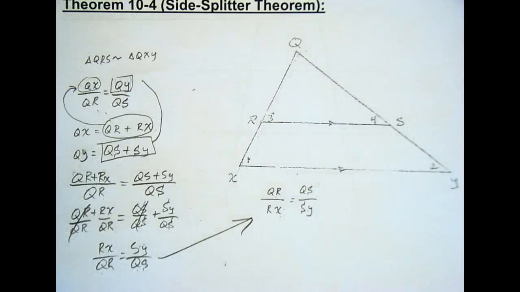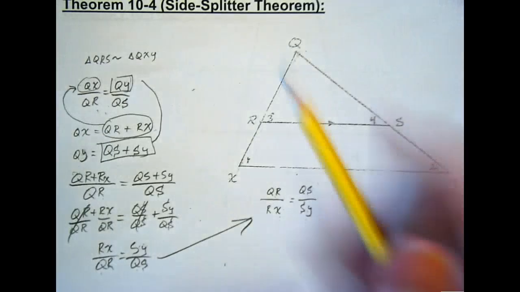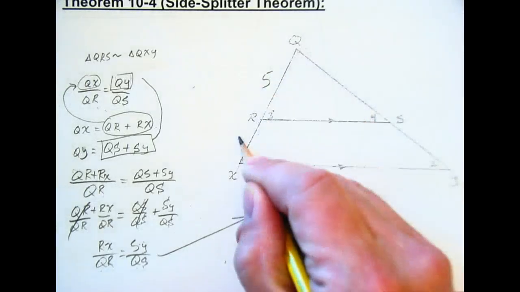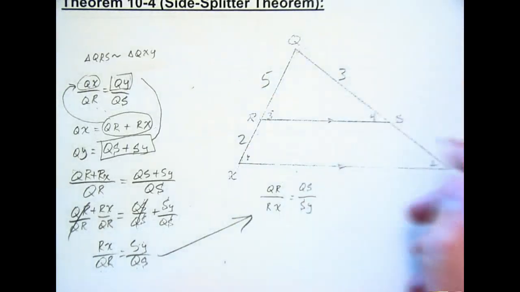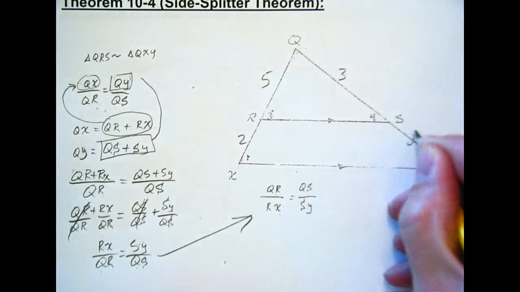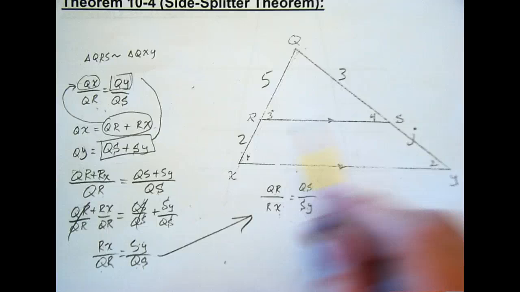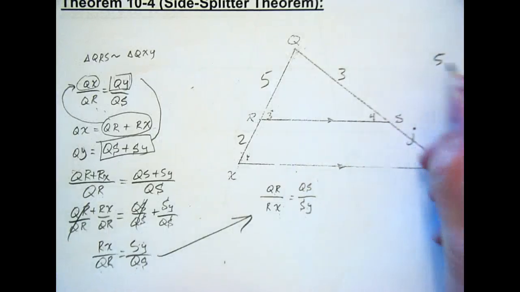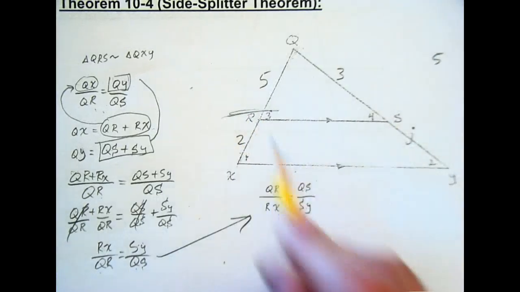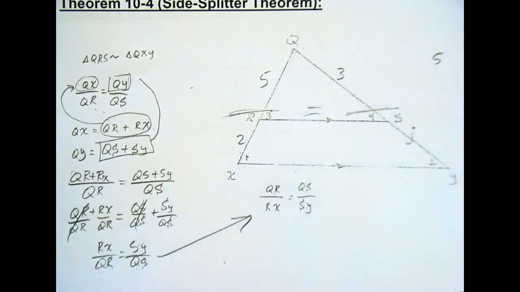Okay. Hey, so what this really says is, if I put in numbers for this, say 5 and 2 and 3 and J, 5 over 2 equals 3 over J. That's all I'm doing. I'm just putting a big division bar right there and one there and putting an equal sign.